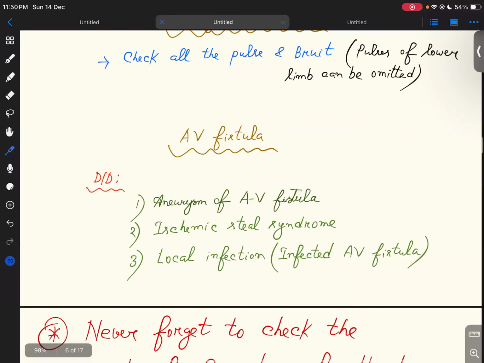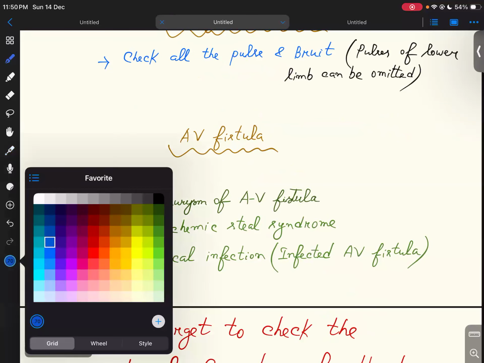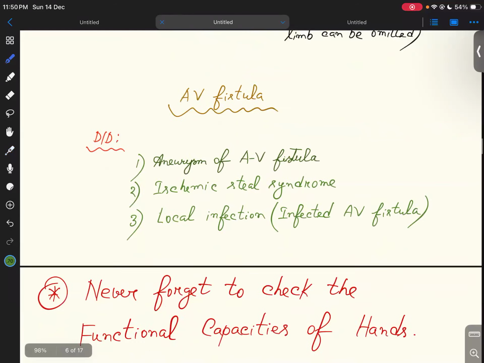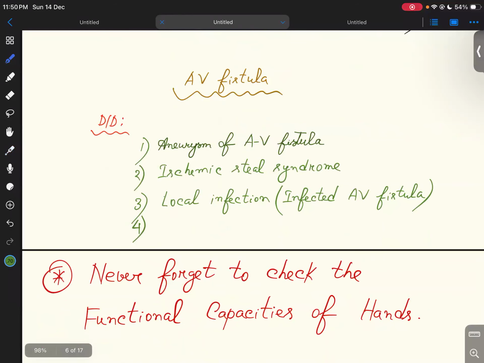So I think I should add one more differential here, that is thrombosis or stenosis, because it can be there also.